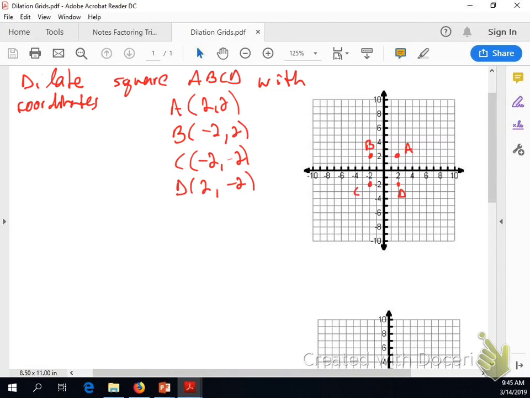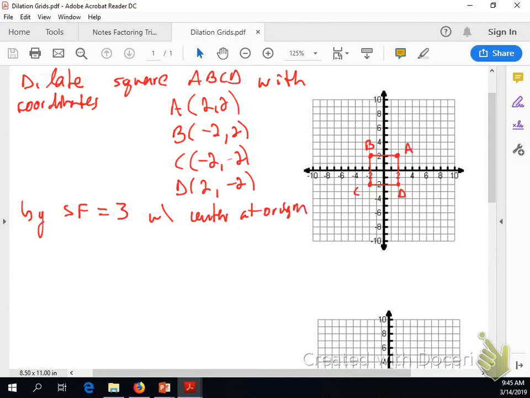And then let's dilate this by a scale factor of, let's say, 3 with a center at the origin.